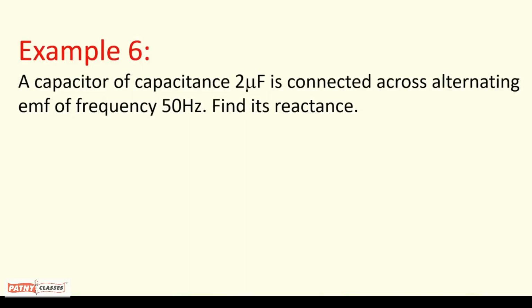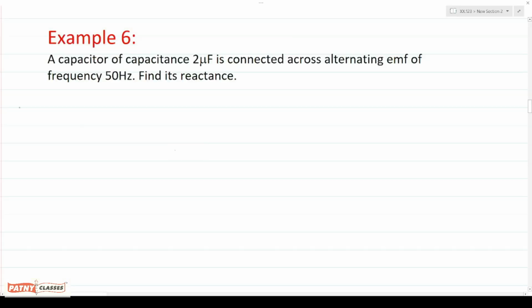Example 6. A capacitor of capacitance 2 microfarad is connected across alternating EMF of frequency 50 Hz. Find its reactance. Solution. Here C is given as 2 microfarad, that is 2 into 10 raised to minus 6 farad, and supply frequency 50 Hz.